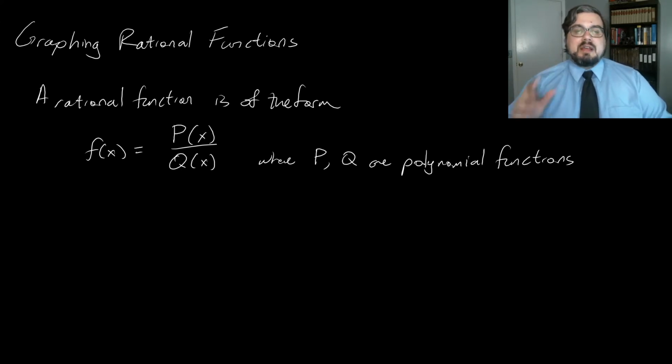The first thing that I want to remind us of, though, is how to find the domain and the intercepts of a rational function. These we can find purely algebraically, and we don't need to know how to describe these on the graph. However, they are essential components of graphing the function once we get to it.